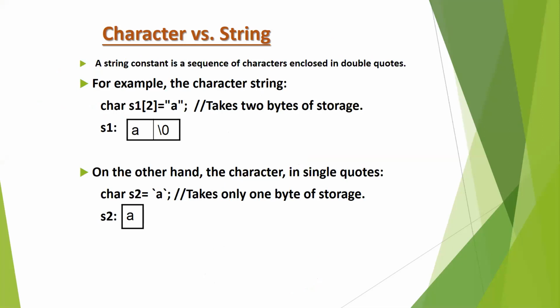Now, what is the difference between a character and a string? A character is nothing but a single character, stored within single quotes. But a string is stored in double quotes, enclosed in double quotes, right? So it needs a minimum of 2 bytes, because only a collection of characters is called a string.